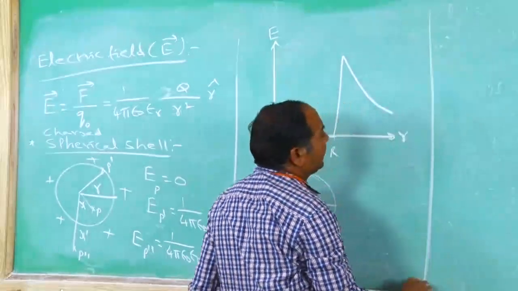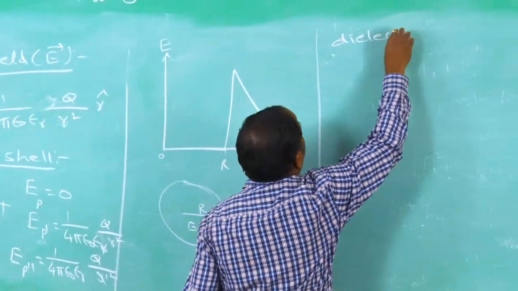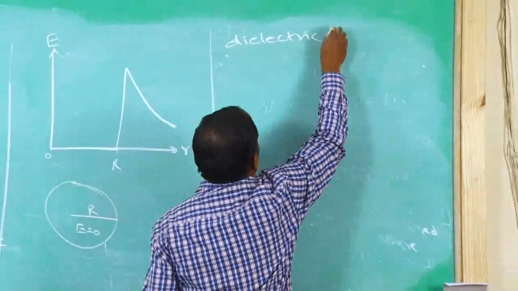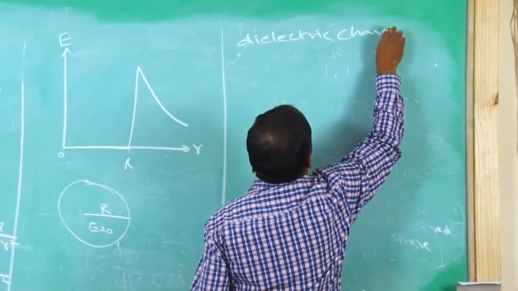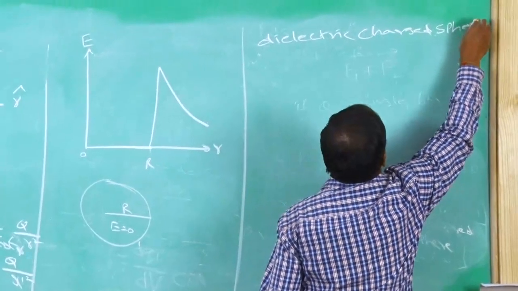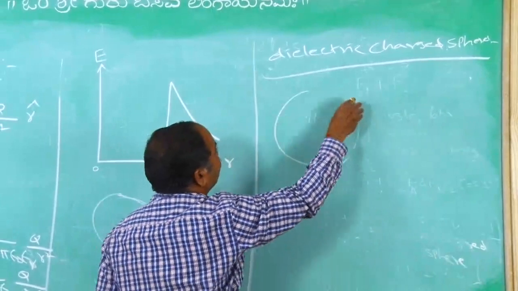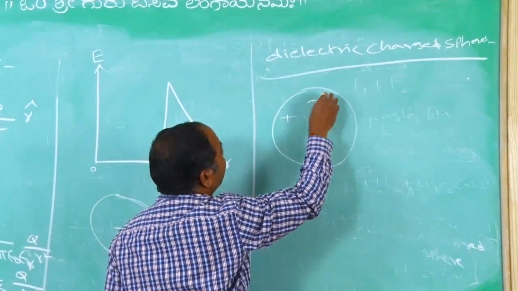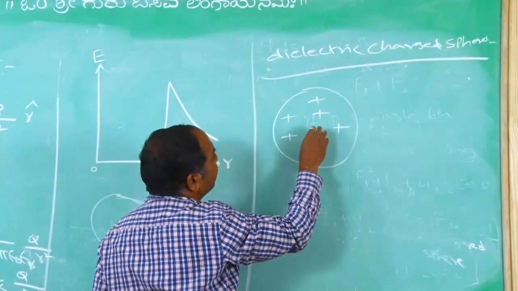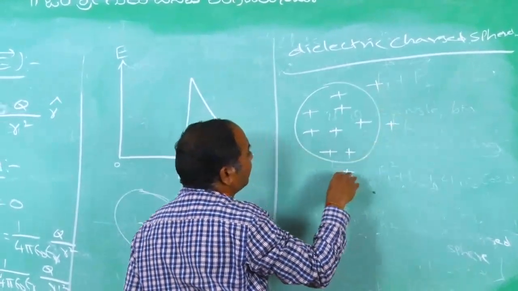Suppose you consider a dielectric charged sphere. In the case of a dielectric charged sphere, what is the difference? Material is there inside, so charge is there inside also, whereas in the shell charge resides on the outer surface.